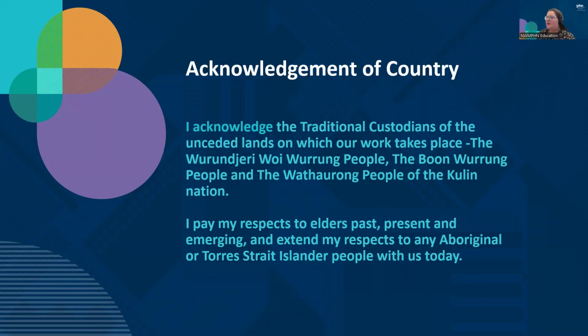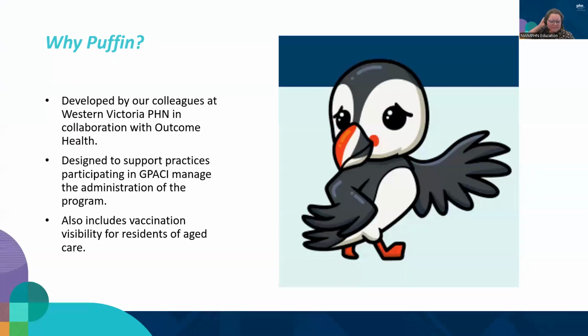All right, so Puffin. We're all excited. You're wondering why we're talking about a bird. What Puffin is: when GPACI started and we got all our lovely guidelines about what was going to be required in order to be successful for getting your quarterly payments, we realised that the administrative burden was going to be significant.